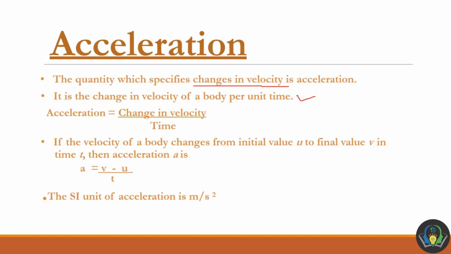So let us specify, if the velocity of a body changes from initial velocity u, we will be defining initial velocity as u and final velocity as v, in time t, then the acceleration a will be a equals v minus u upon t.